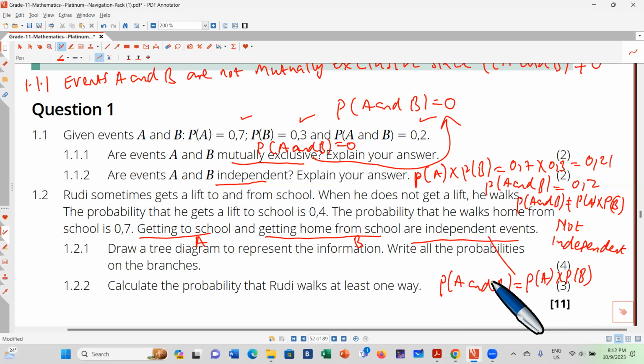Okay, we continue. So draw a tree diagram to represent the information. Write all the probabilities.